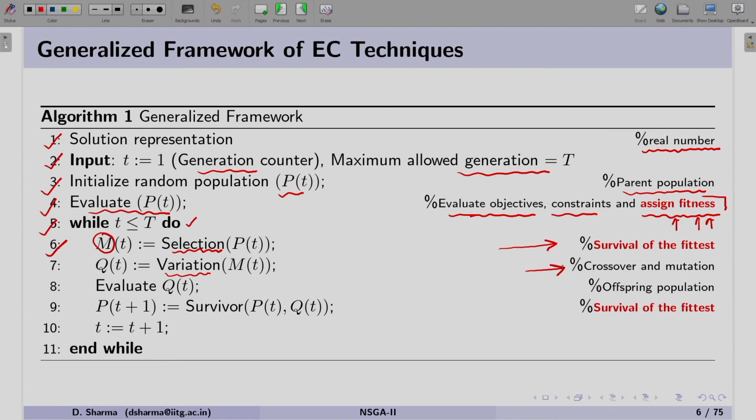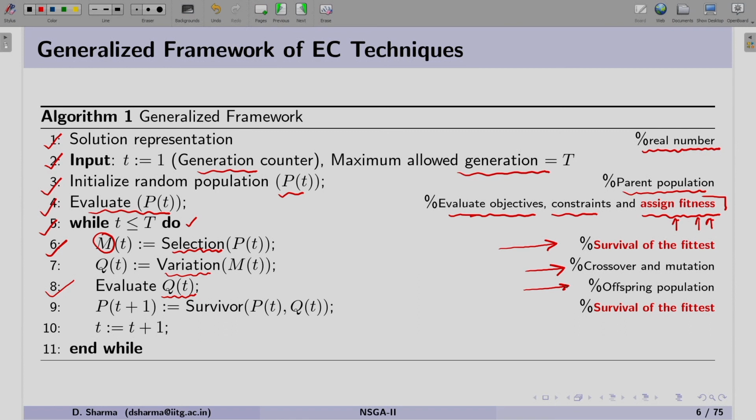After applying those operators, since the members in the population are new, we have to evaluate again the objective function, constraints and assigned fitness.